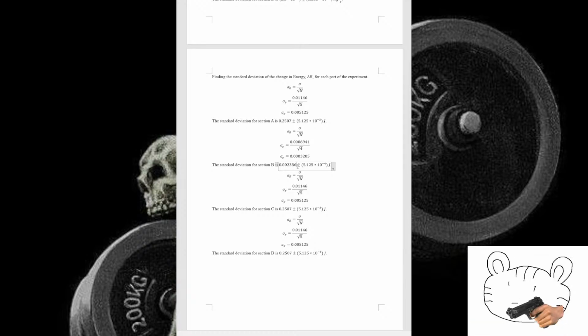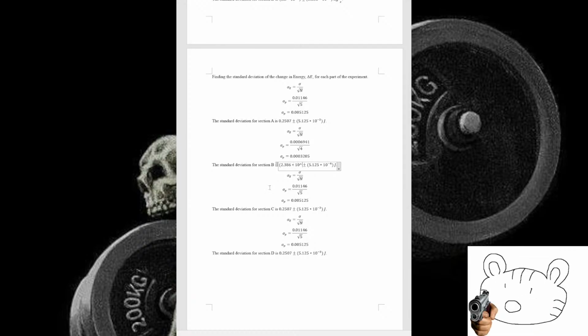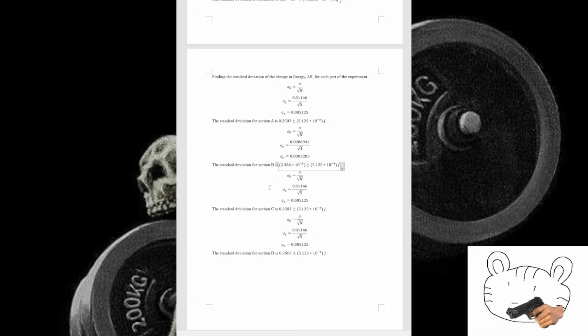Which we can then write as 2.386 times 10 to the power of -3. 1, 2, 3. Yeah, cool.